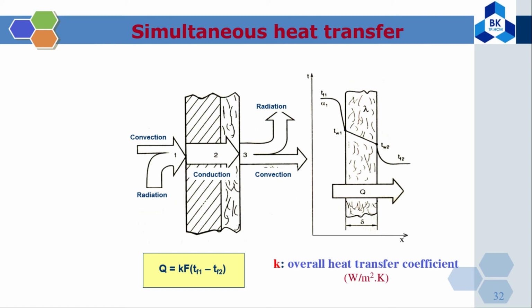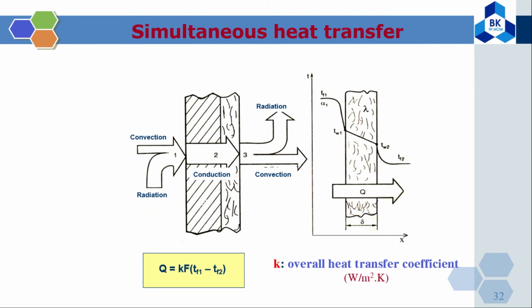From outside, you can see it is through convection and radiation. It will transfer the heat from the surrounding atmosphere to the outside of the wall. And then through conduction, the heat will be transferred from the outside hot wall to the inside cold wall. And after that, through convection and radiation, the heat will be transferred into the room.